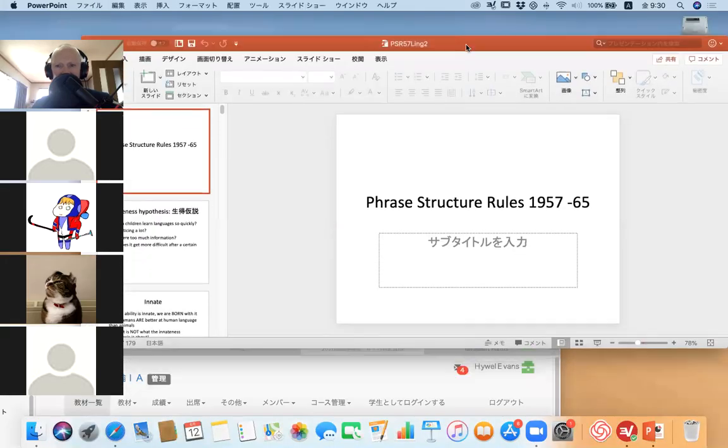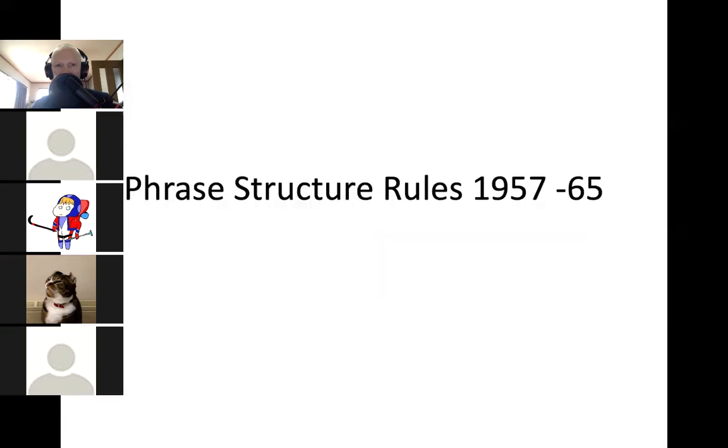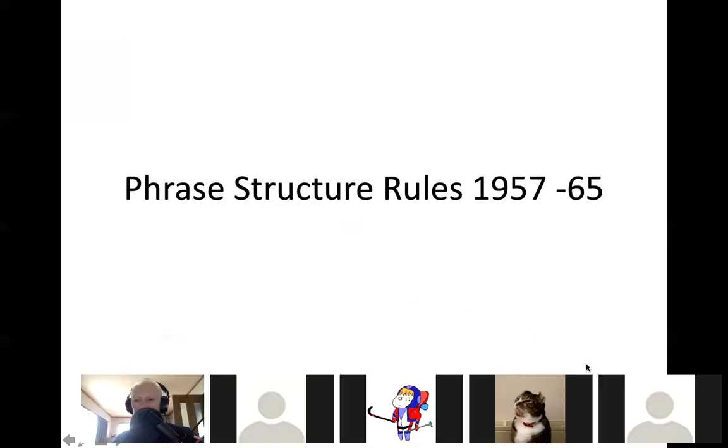And today we're going to be looking at phrase structure rules. If you look at this, you can see that this has a kind of history. We're looking at the early history of modern English linguistics. We've mentioned Noam Chomsky. Chomsky's a big name. He's the biggest name, actually, in linguistics and maybe in modern academia.